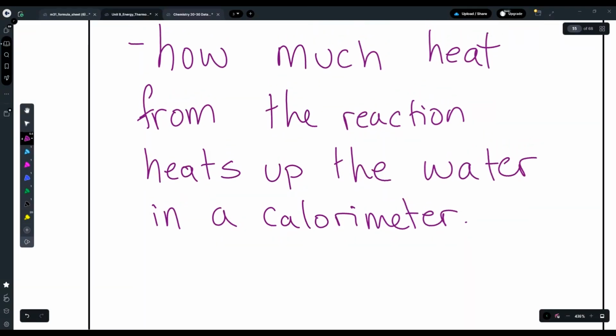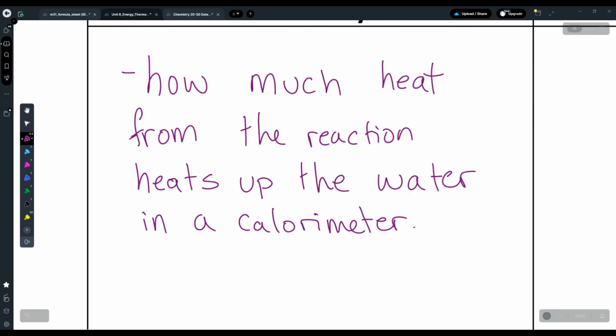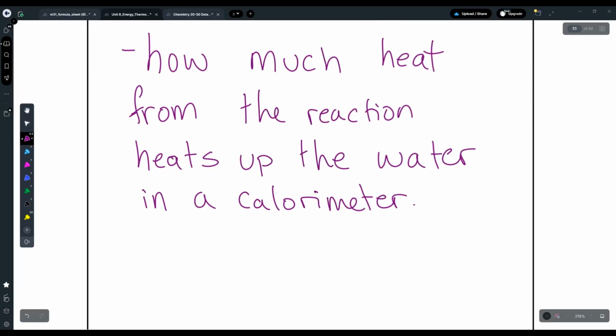Okay, so how much heat from the reaction heats up the water in a calorimeter?